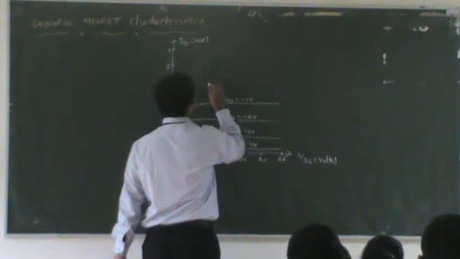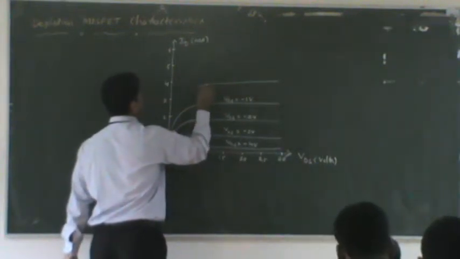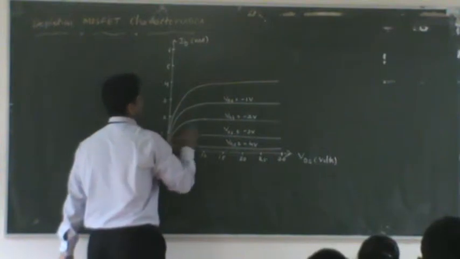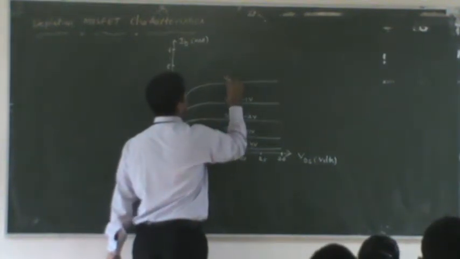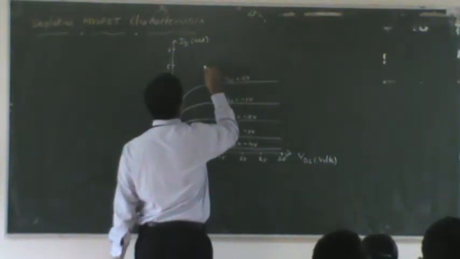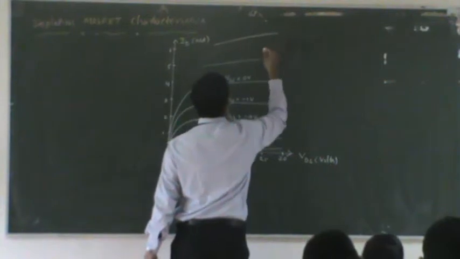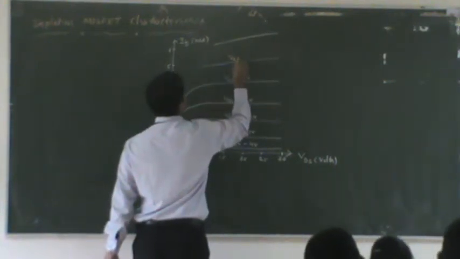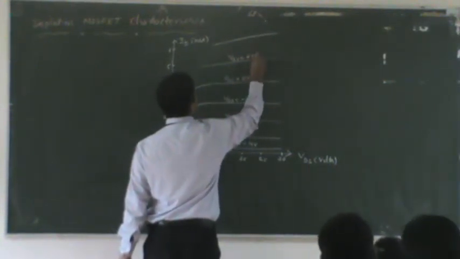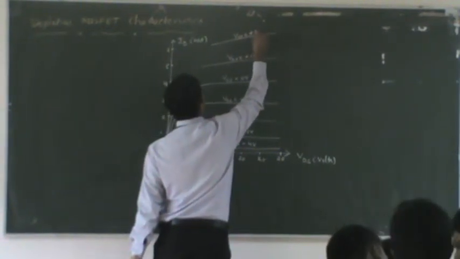Minus 1, and so for VGS equal to 0, and also show 1 or 2 positive values. This is VGS equal to plus 1 volt, VGS equal to plus 2 volts.